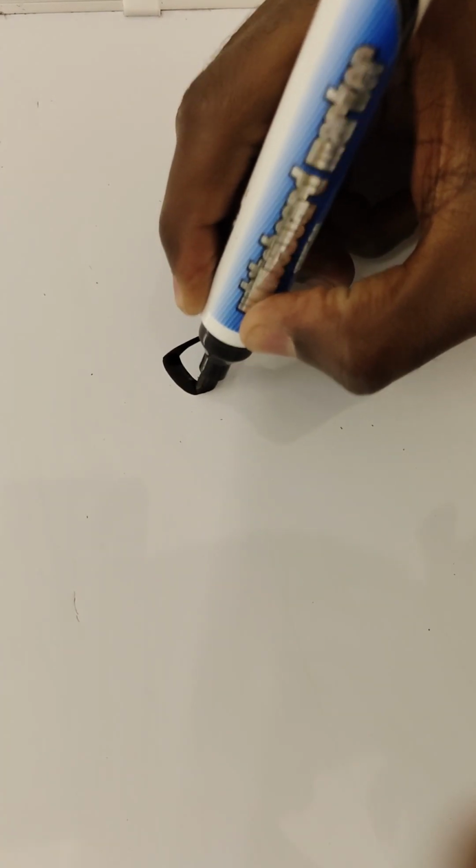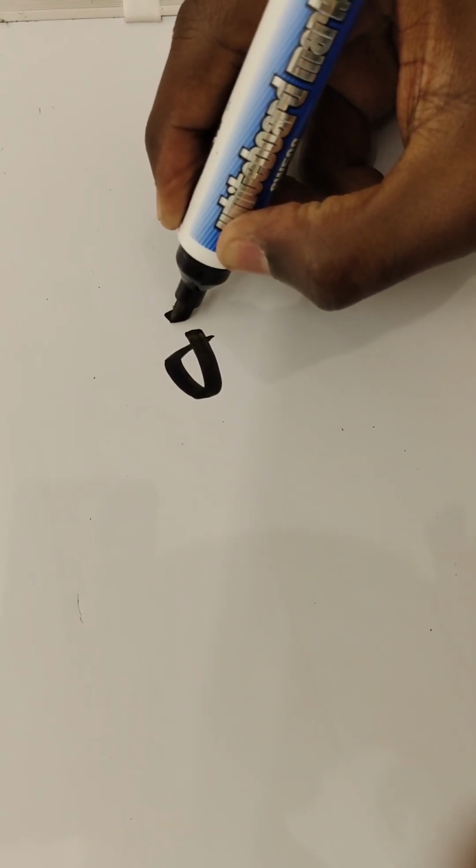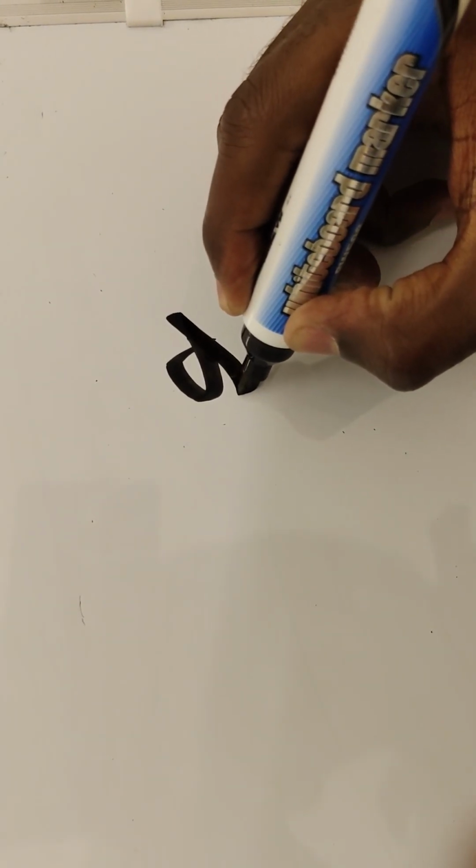Let's see how it's used in a word. For instance, let's write the name Ali. So we're writing the name Ali. Ain. So this is Ain.